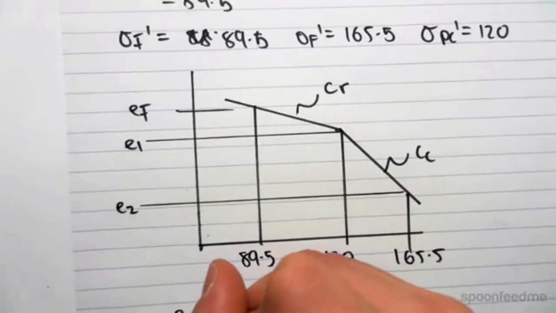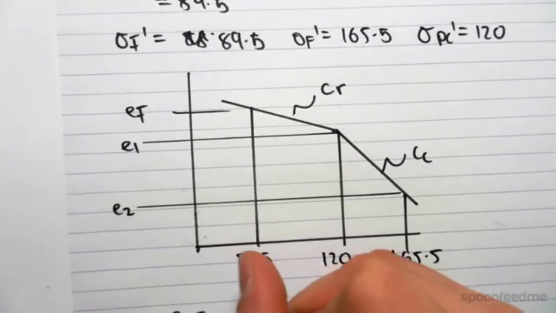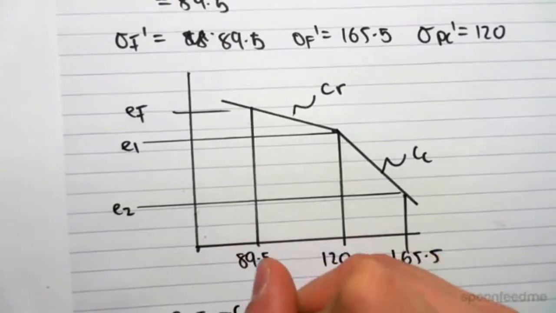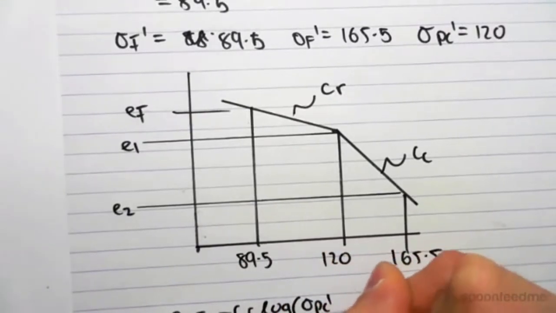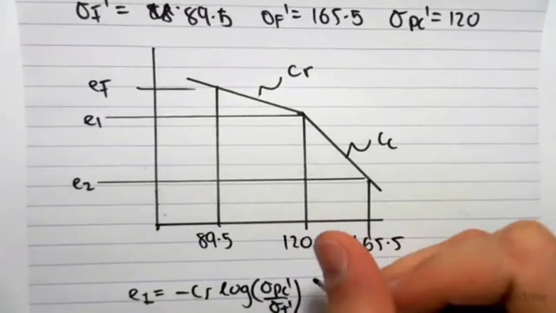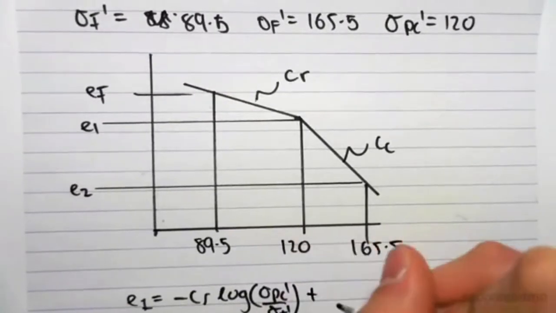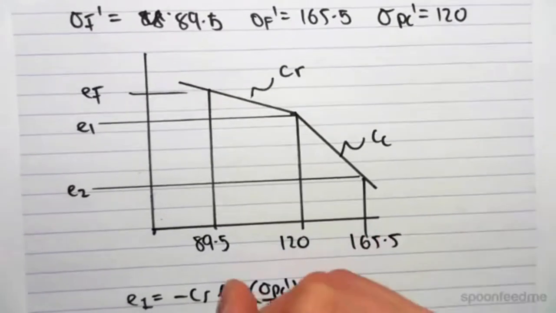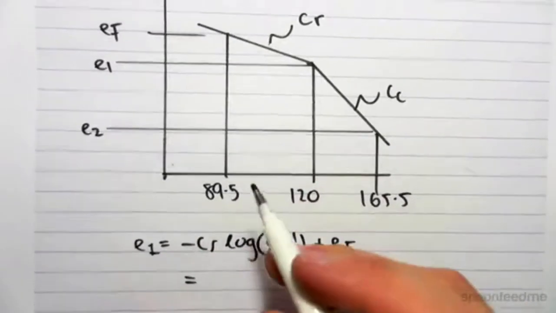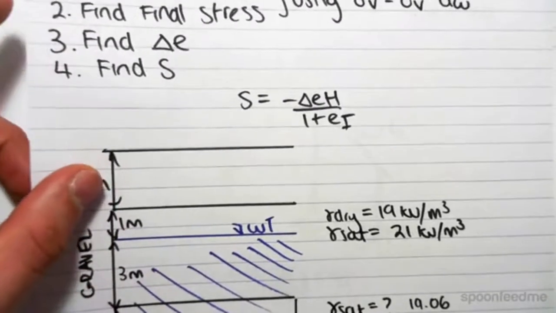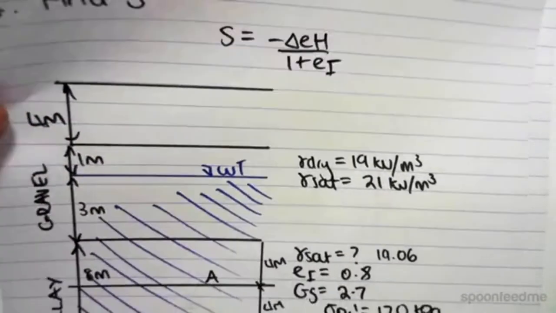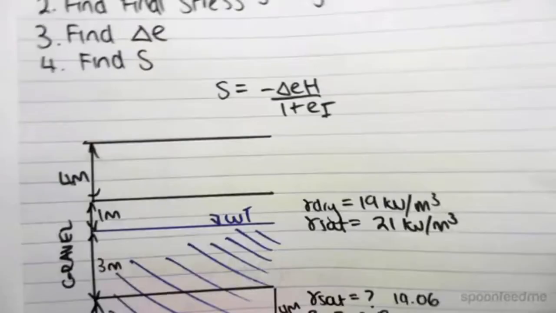So we know that e1 will equal minus CR log sigma PC dash on sigma i dash plus the initial void ratio, which we can calculate. Have I defined CR anywhere? No, I haven't defined CR anywhere, so I'm going to have to define CR.